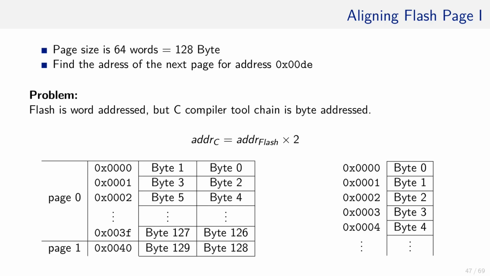In addition, there are 64 word entries for every page. Keeping these in mind, what is the next free page in the flash and what is its address in C? I'm going to interrupt the lecture here to give you time to think about it before continuing after the countdown.